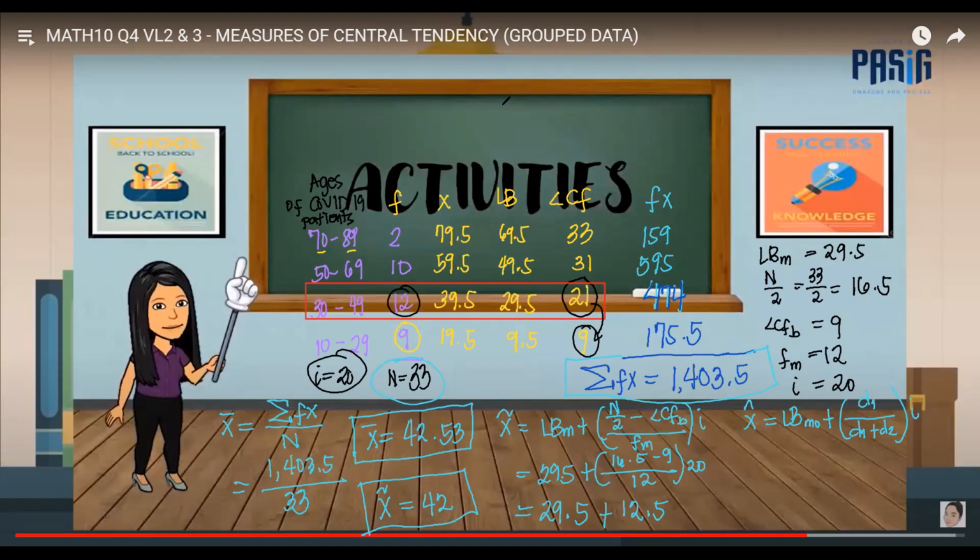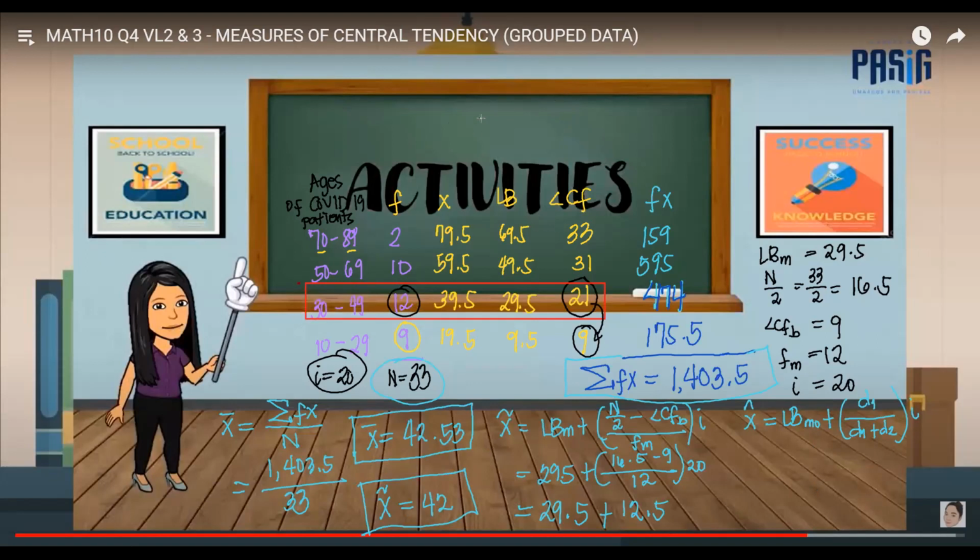Para ma-identify natin yon, we will look at the frequencies. Alin ba dyan yung may pinakamataas na value of frequency? Makikita nyo nandito siya, si 12, which is yung 30 to 49.